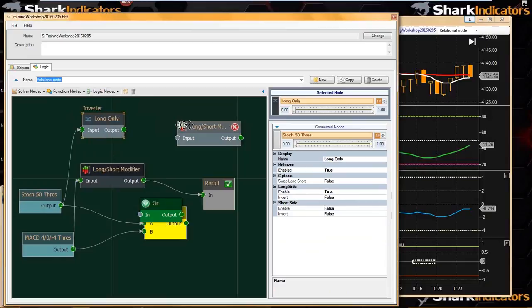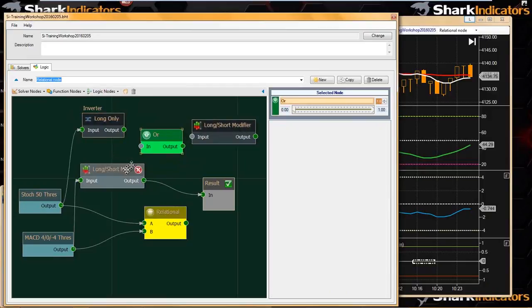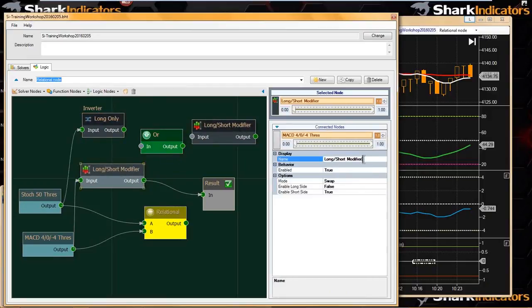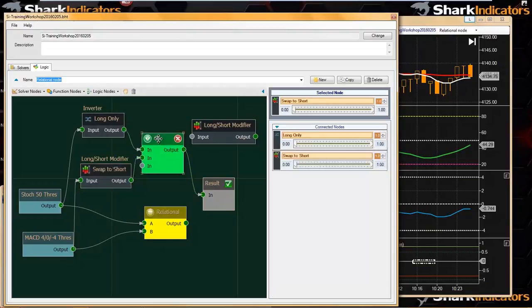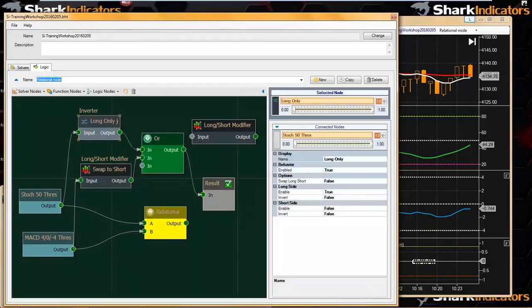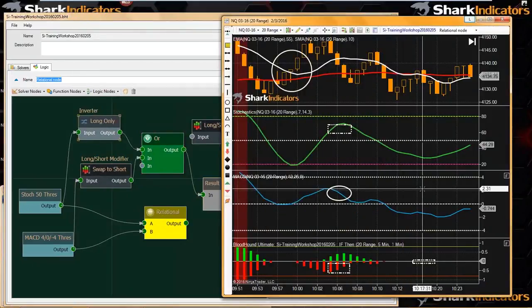And then what we do, let's see, there we go. Let me just name this function node here. So we're going to put both of those in the OR node. So remember, the OR node just joins everything together.